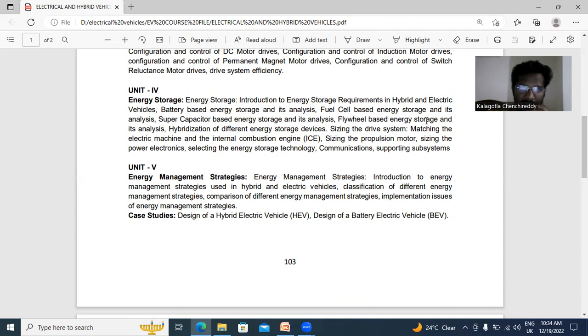Fourth one is flywheel-based energy storage, and the fifth one is hybridization of energy storage. In this chapter there are a total of 5 energy storage topics. Now I will explain one by one.